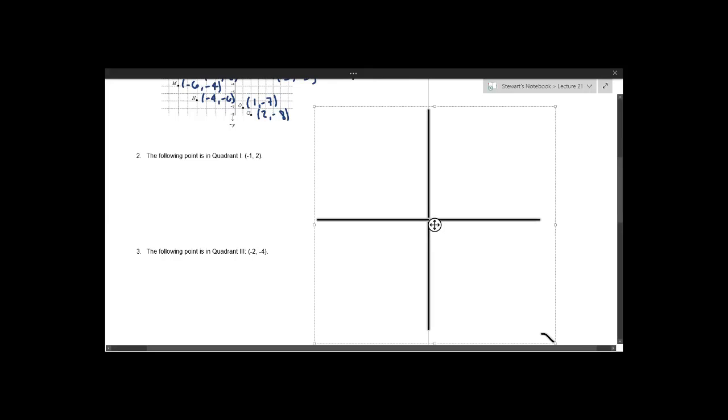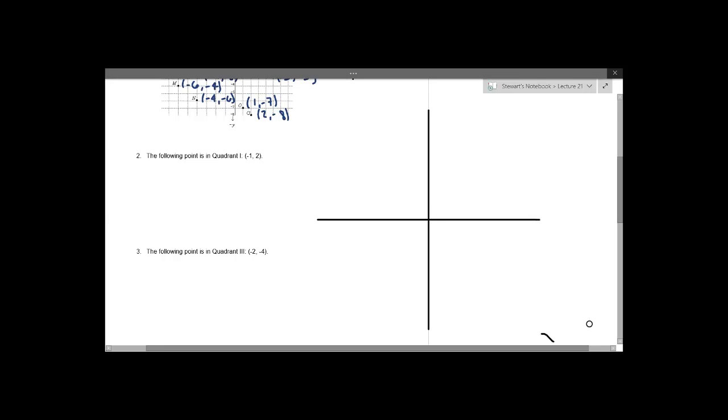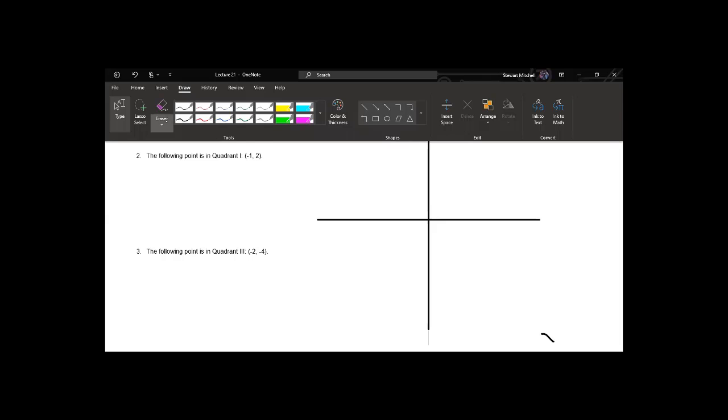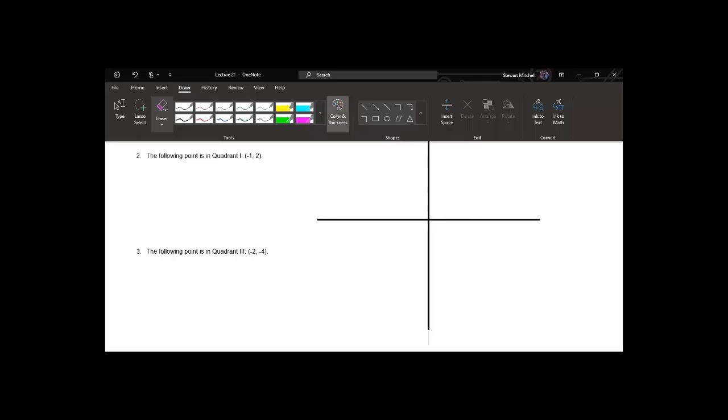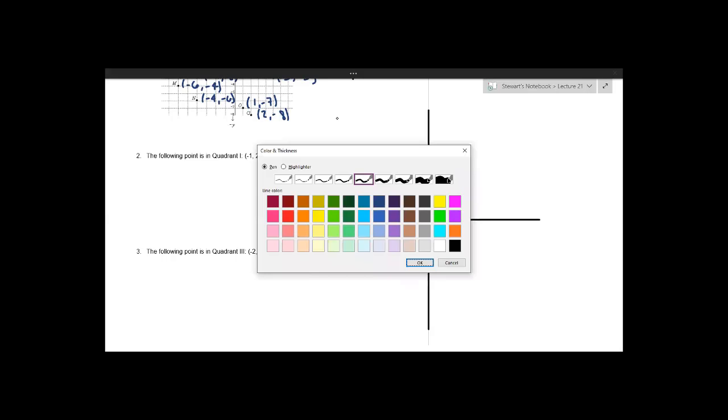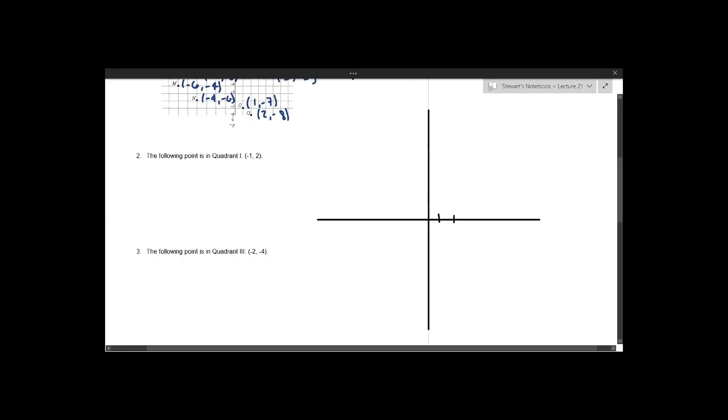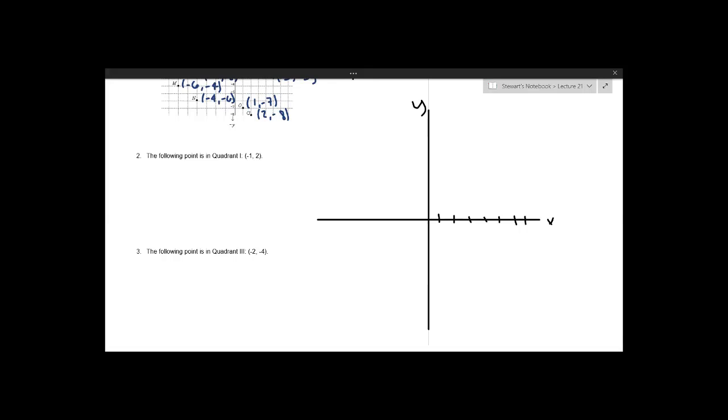Okay. Let's get that stray mark out of there. And we'll put a few. That just means that it goes on forever in those directions.